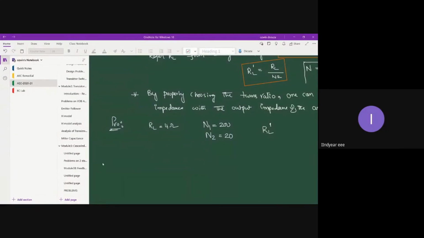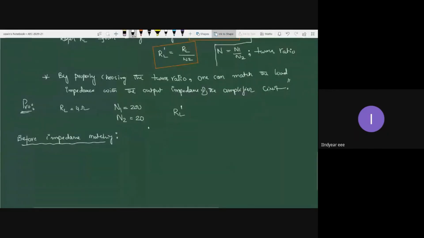So you need to find out RL dash. Before impedance matching, this is not part of the problem, but I want you to compare. Before impedance matching, the Z naught of the amplifier will be in several kilo ohms, and RL will be a few ohms, 4 ohms they have given.